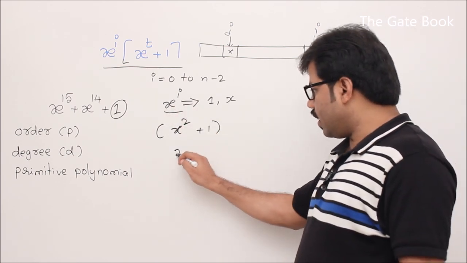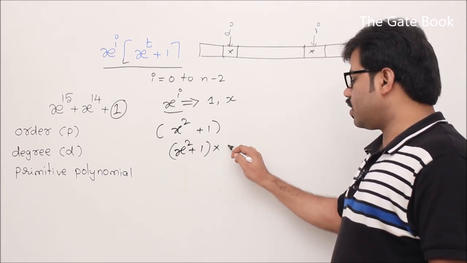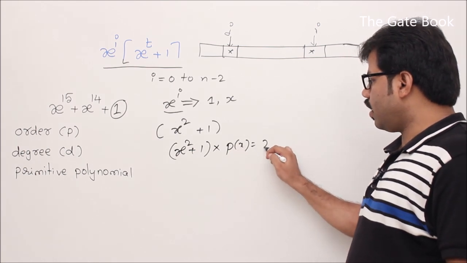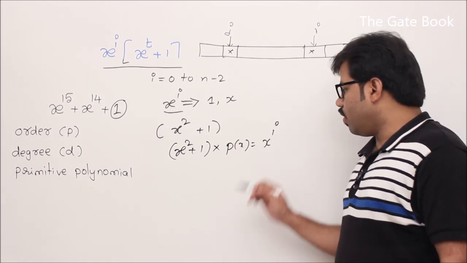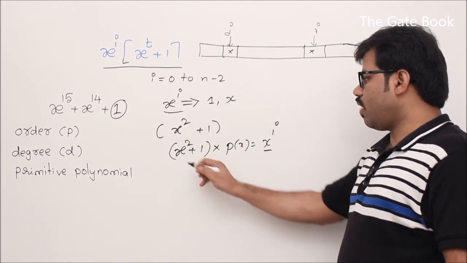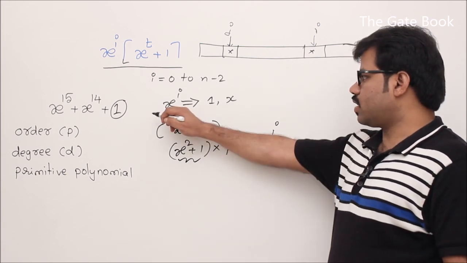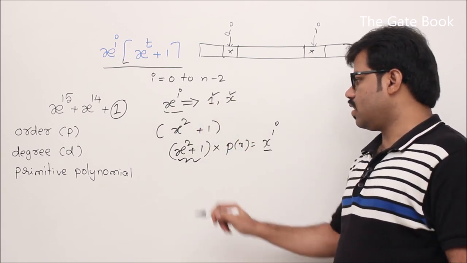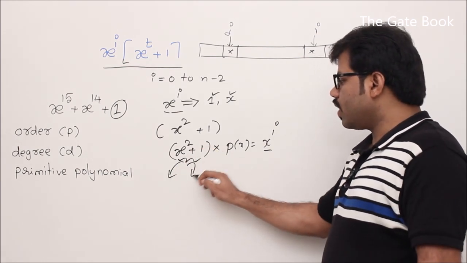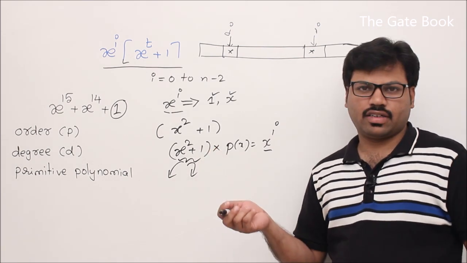Now for example, let's say you have x square plus 1, that cannot divide x power i, because if they divide, then what happens? x square plus 1 into something, let's say some p of x, equal to x power i, correct? Then my question is, x has only factors 1 and x, but you have x square plus 1. x square plus 1 cannot be a factor of x because the only factors are 1 and x. Then this x square plus 1 should again have x as a factor, but x square plus 1 cannot have x as a factor, correct?